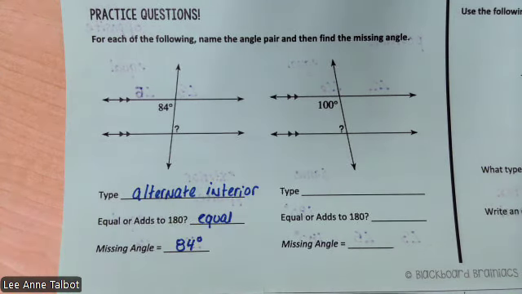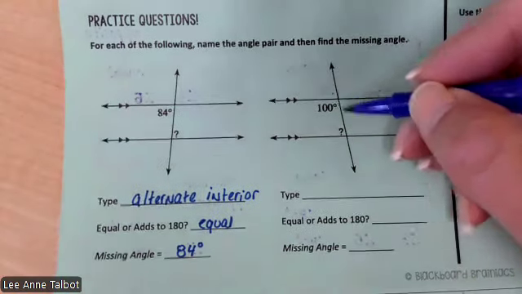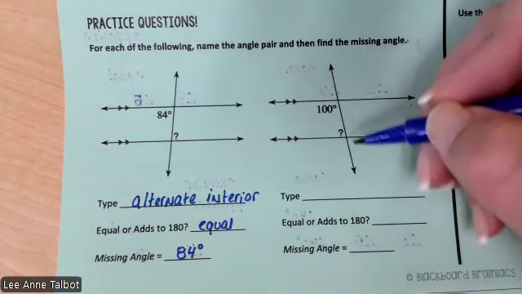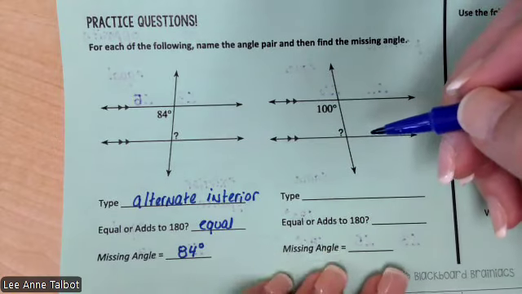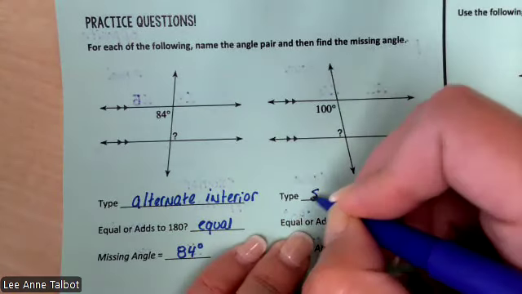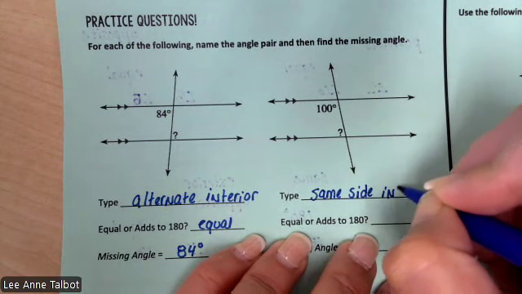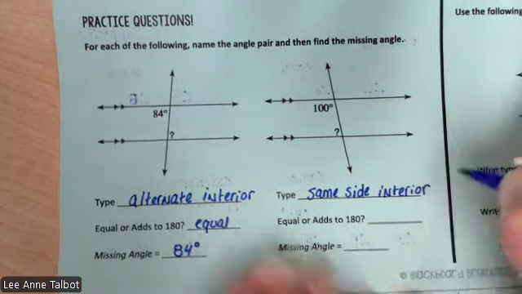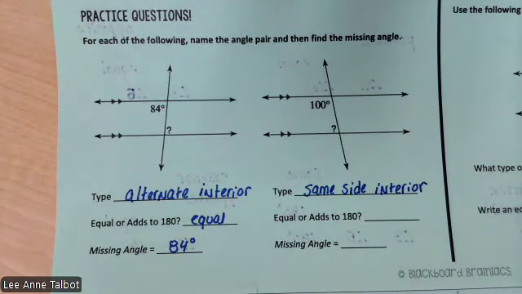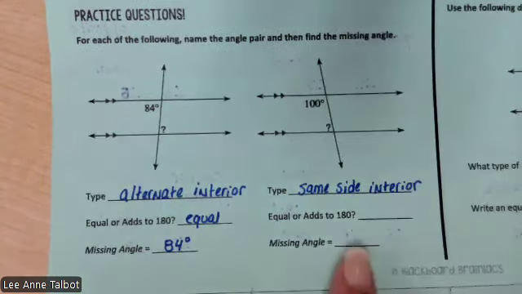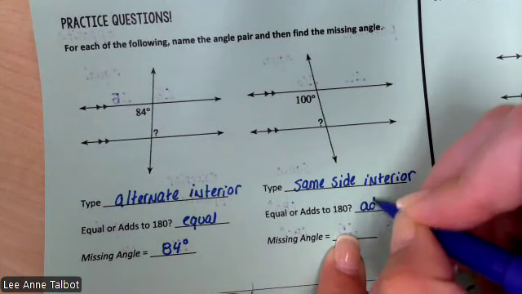Okay, next one. 100 and the question mark are what? Yeah. Beautiful. Same side interiors adds to 180.